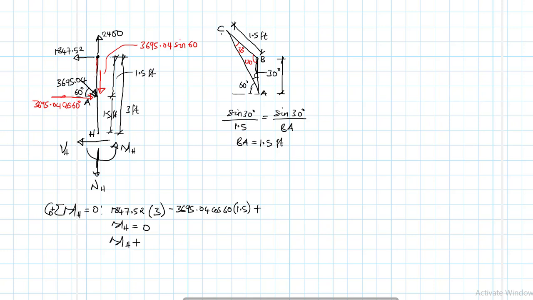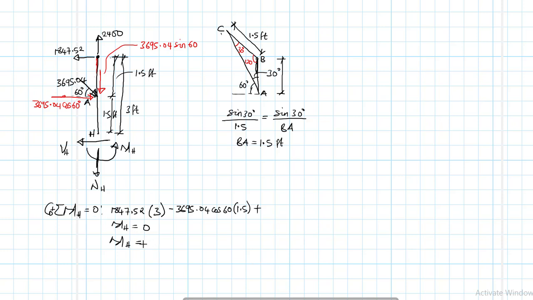Therefore our MH is going to be equal to, let's calculate it, 1847.52 by 3 minus 3695.04 cos 60 by 1.5.